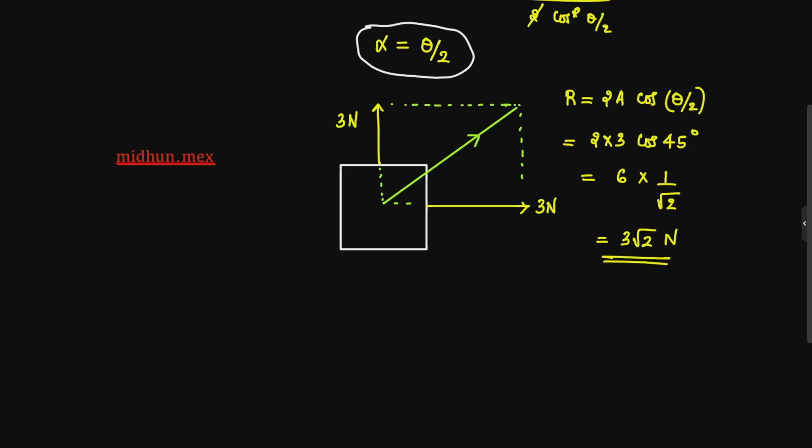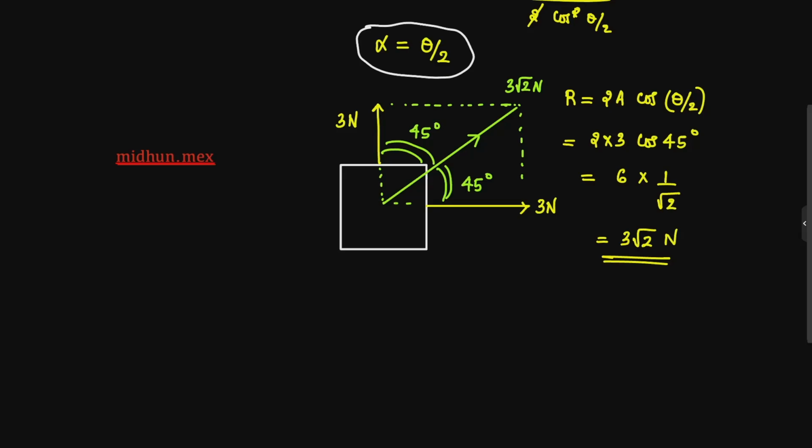So this is your resultant. That resultant is 3 root 2 Newton. It is bisecting the angle. Total angle how much? 90 degree. Half of that, so we can say it will make an angle of 45 degree. And this will also make an angle of 45 degree. Total it will make 90 degree.